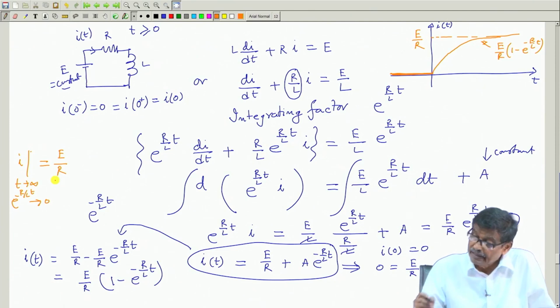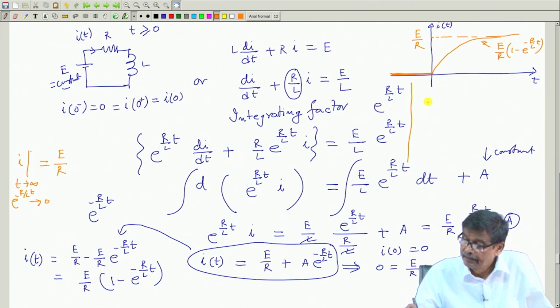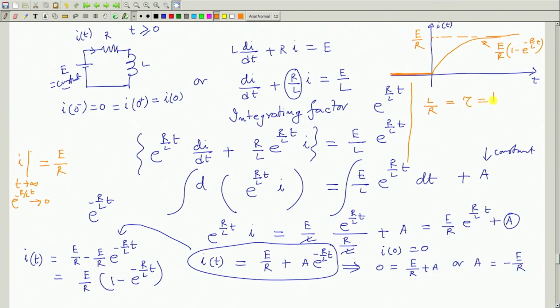If you define this ratio L by R by a variable called tau, which is called time constant, I am going to give you some physical insight into it, then the equation of i(t) can be written as E by R into 1 minus e to the power minus t by tau. L by R is the time constant.